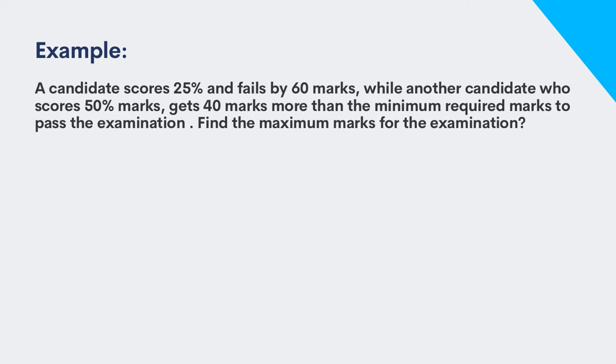So according to the formula, the first student gets 25% marks and failed by 60 marks, and the second student gets 50% marks and got 40 marks more than the passing mark.